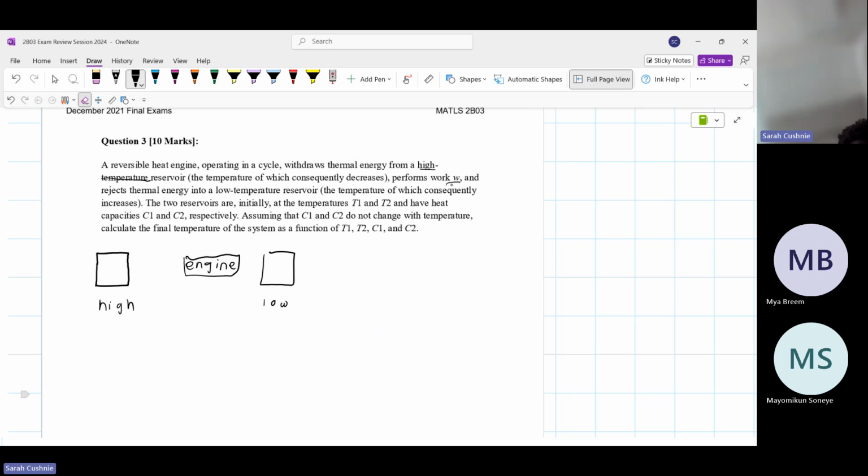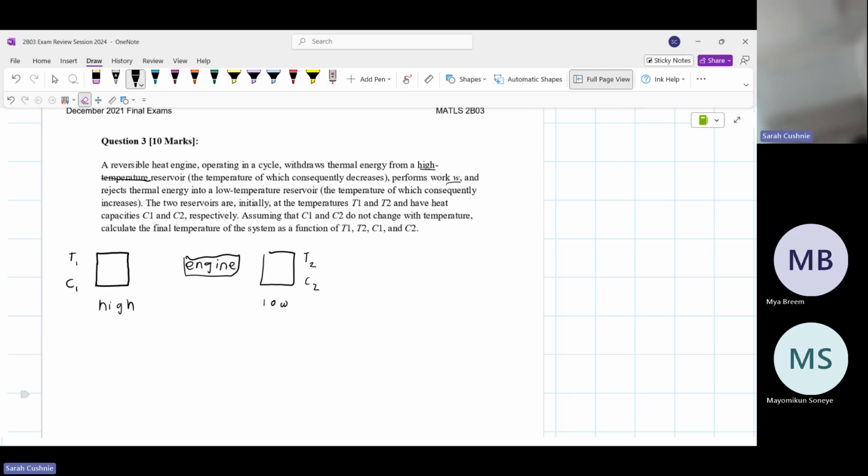It performs work W and rejects thermal energy into the low temperature reservoir, which consequently increases. The two reservoirs are initially at temperatures T1 and T2. Let's call this T1 and this T2, with heat capacities C1 and C2 respectively. Assuming C1 and C2 do not change with temperature, calculate the final temperature of the system as a function of C1 and C2.